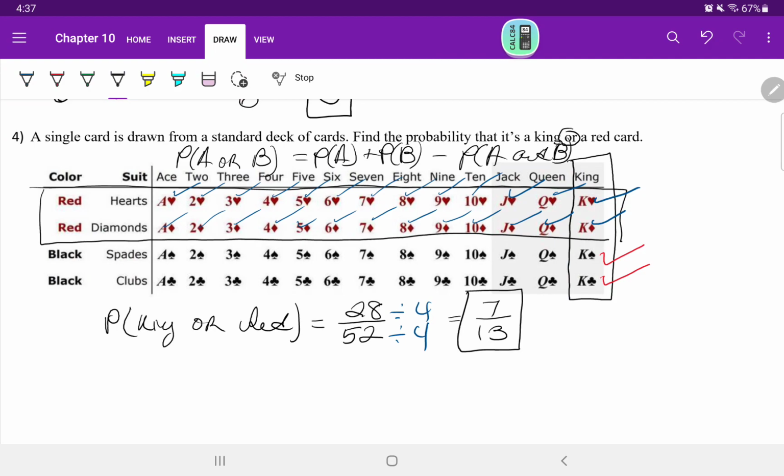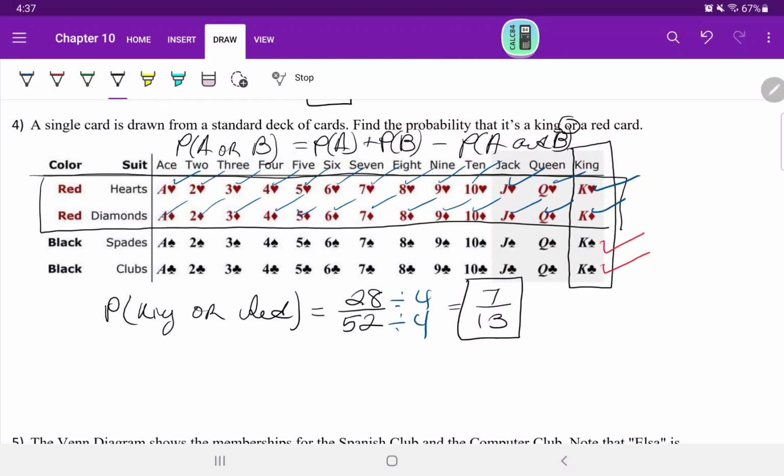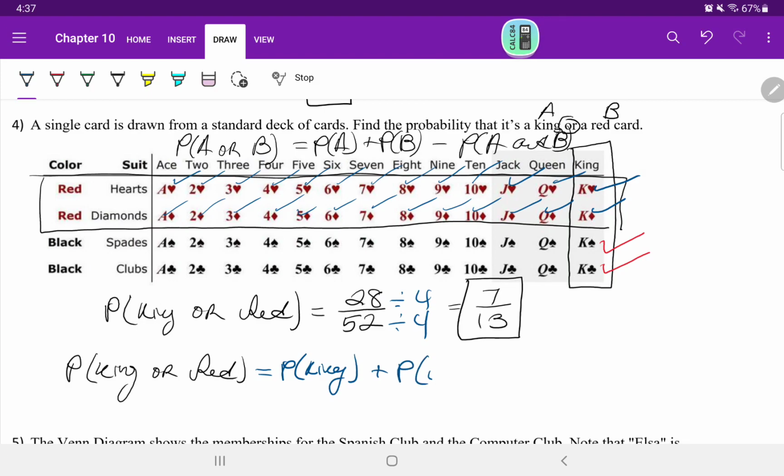Now, we're going to call my king event A and my red card event B. So the probability of a king or a red card using the format is going to equal the probability the card is a king, plus the probability the card is a red card, minus the probability the card is a king and it is red.